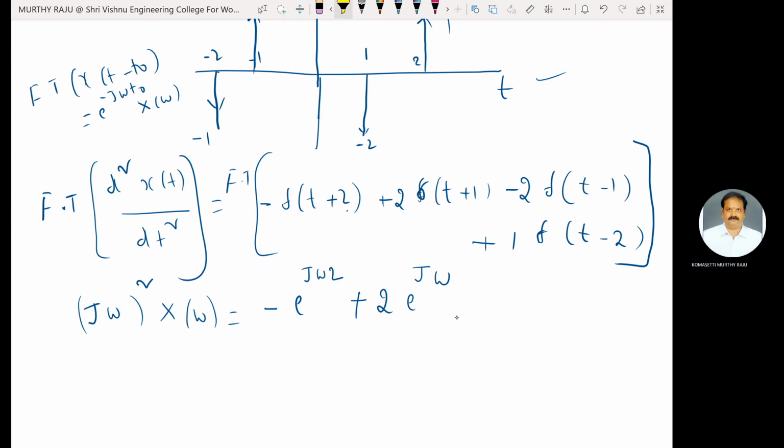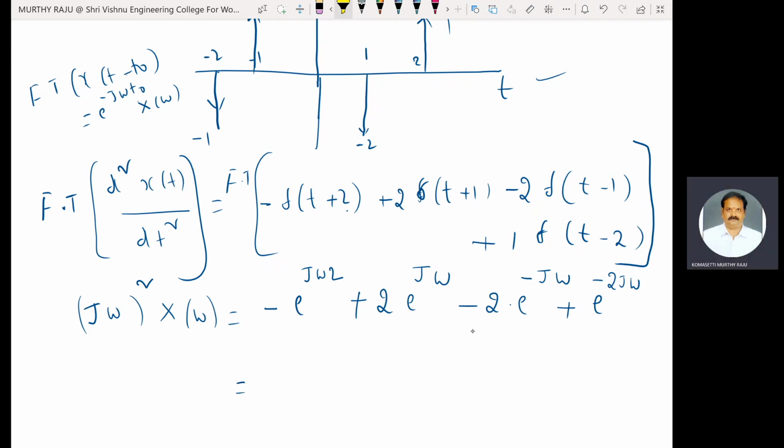Minus 2 into e power minus j omega, here plus, minus 2 means e power minus 2j omega.